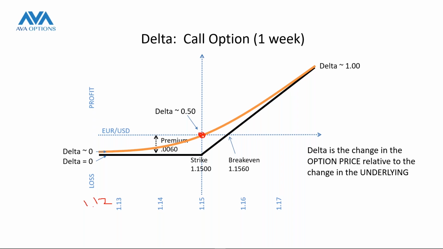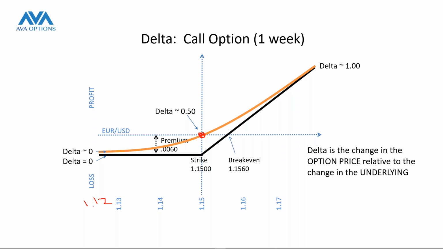What's the delta today when we're at the money? At the money meaning the strike equals the current price of the underlying or the forward price of the underlying. There the delta is about 50%. If the spot goes up by 10 pips, we expect the option value to go up by 5 pips. If spot goes down by 10 pips, we expect the option to go down by 5 pips.